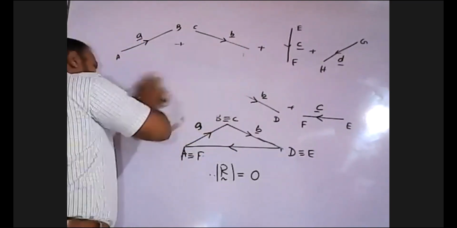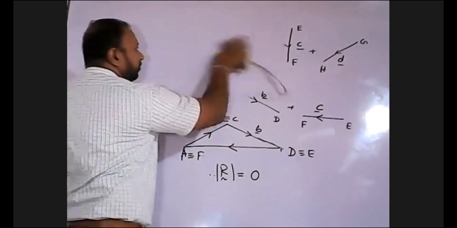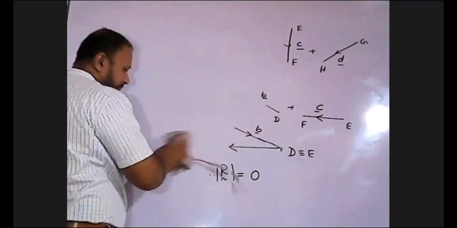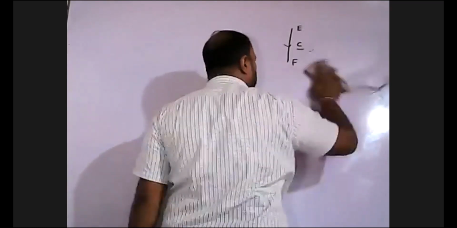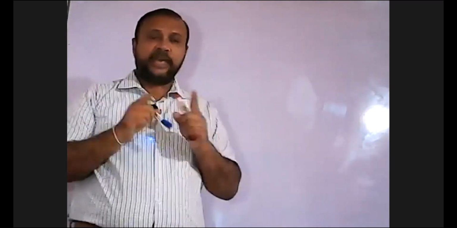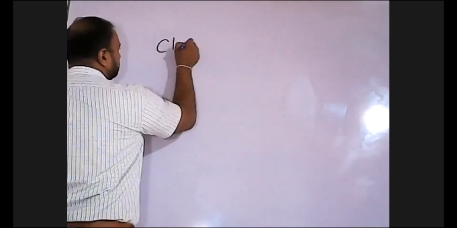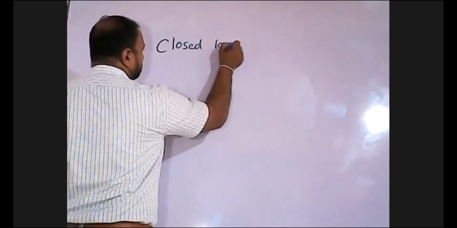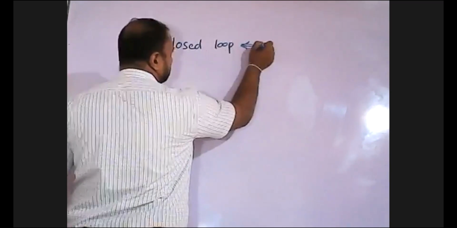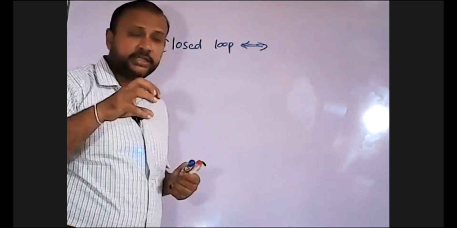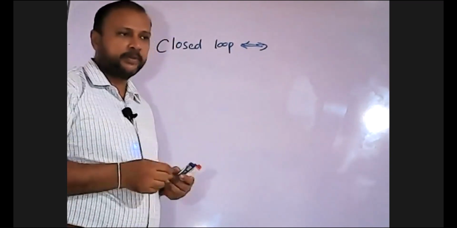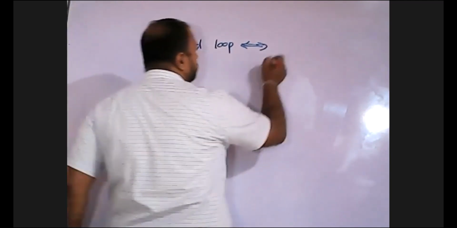Therefore, if there is a closed loop, the resultant of that loop is 0.